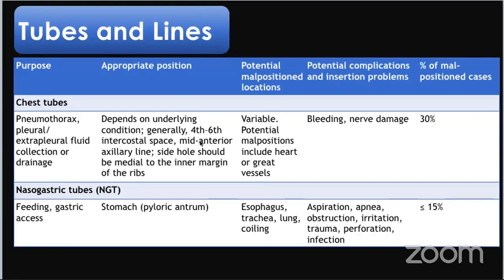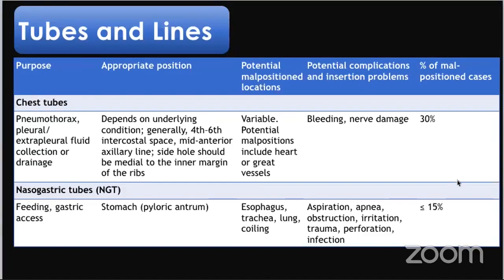This is the optimal position of the chest tube. The malposition may be in the heart or great vessels. The complication may be bleeding, may be causing nerve damage. The percentage of malposition is 30%.